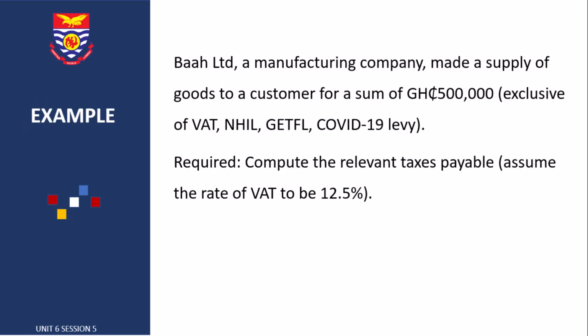Let us look at an example. Bar Limited, a manufacturing company, made a supply of goods to a customer for a sum of 500,000 exclusive of VAT, NHIL, GETFund, and COVID-19 levy. Required: compute the relevant taxes payable. Assume the VAT rate of 12.5%.